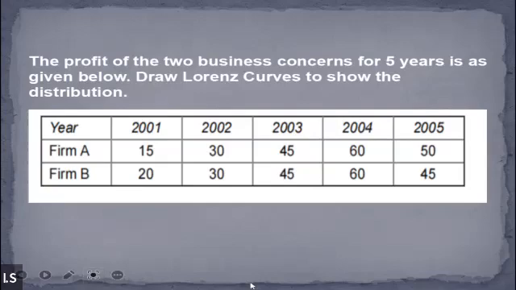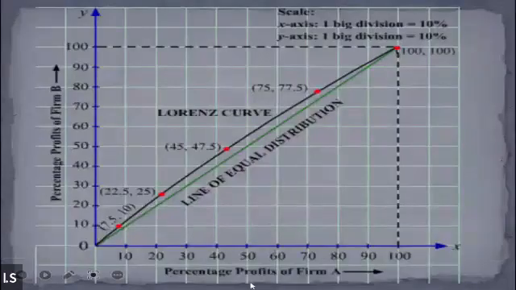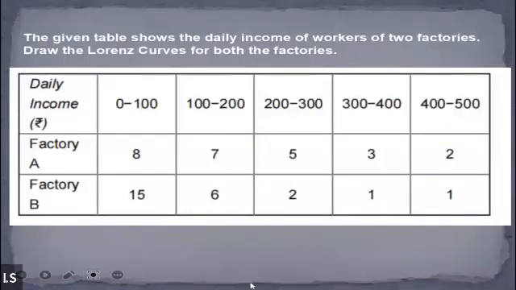So therefore, we prepared one single Lorenz curve indicating the degree of variation between firm A and firm B. But in this question, we need to find out the dispersion between factory A and factory B with respect to the income generated by workers working in these two factories. So therefore, we have decided that we will be preparing two different Lorenz curves.